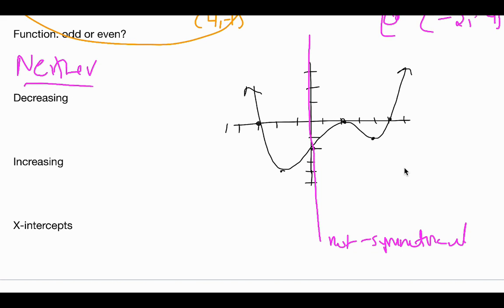Okay, my next one is decreasing. These are your x values where y is going down. What I want to look for is the spots on the graph where we're going in a downward direction.